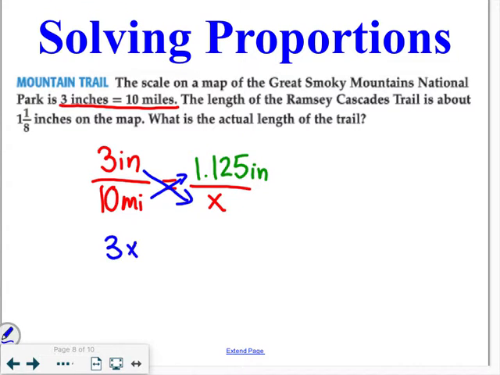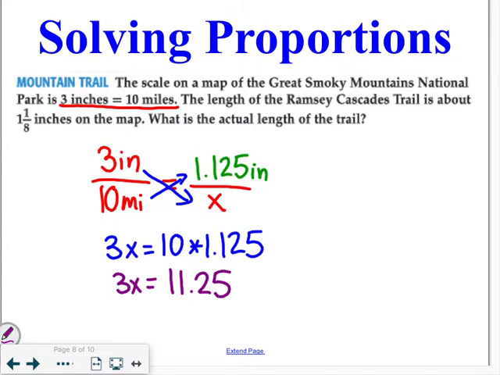So we end up with 3x is equal to 10 times 1.125. Continuing to solve, we're going to simplify and get 3x is equal to 11.25.